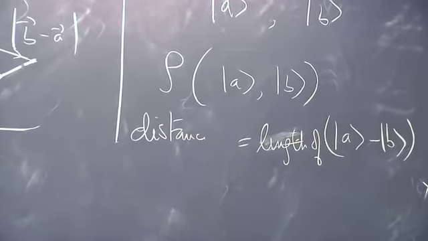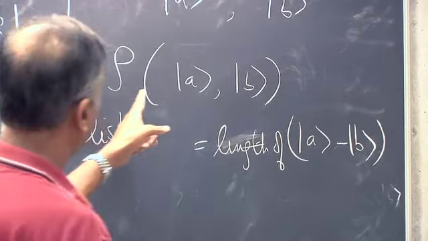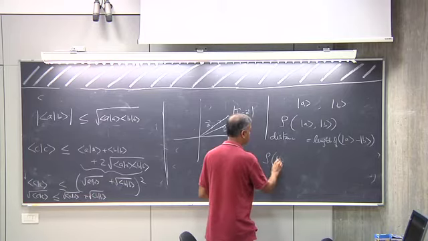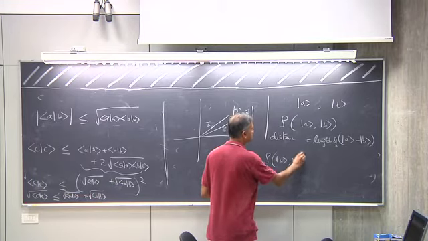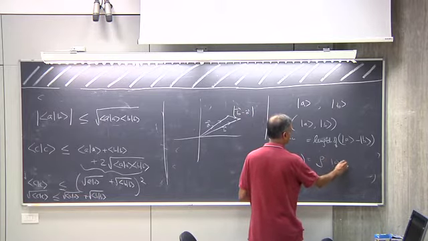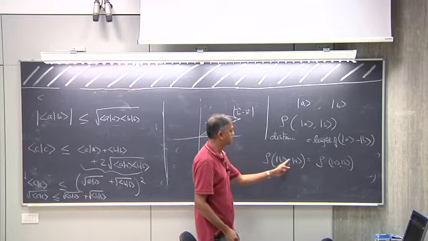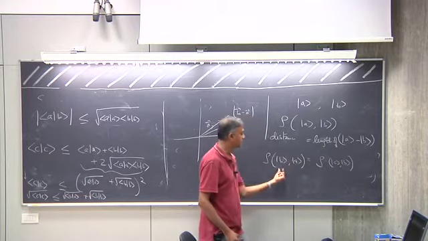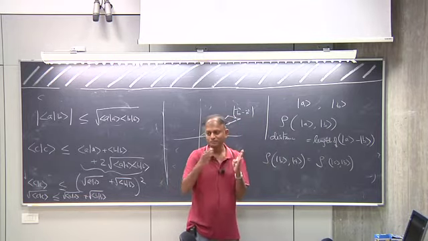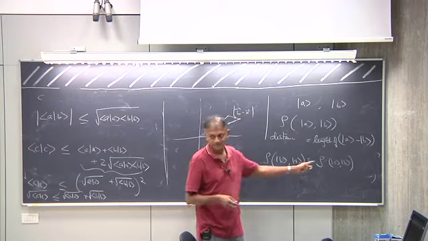So what are the properties? First of all, notice that the order doesn't matter here. Rho of BA is the same as rho of AB, because if you compute rho of BA according to this formula, it would be the length of B minus A. But the length of B minus A is the same as the length of A minus B. So this remains the same.